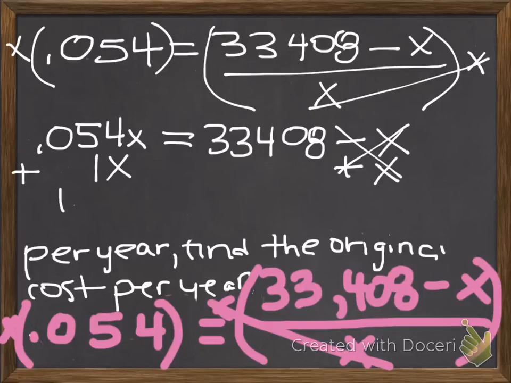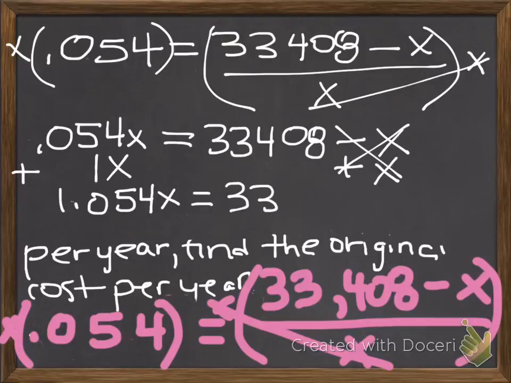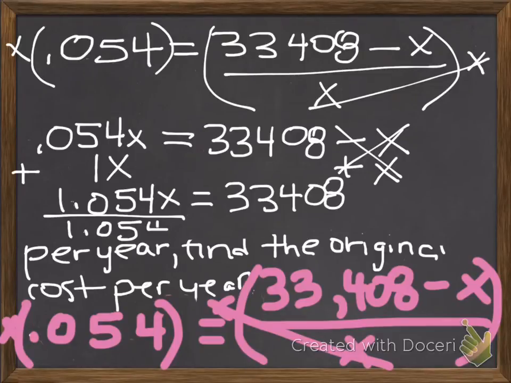So I get 1.054x equals 33,408. And then to get the x by itself, which we've done before, we divide on both sides, which is the opposite operation.